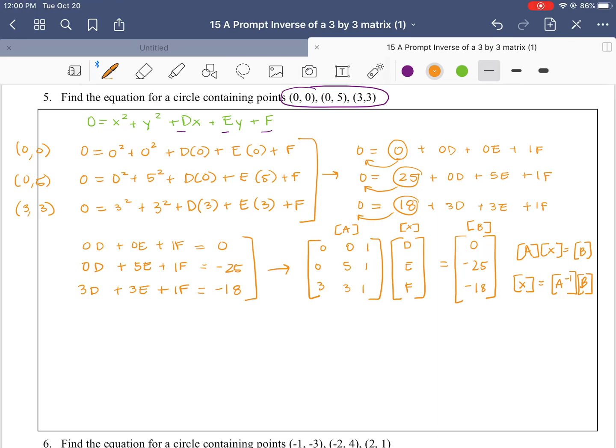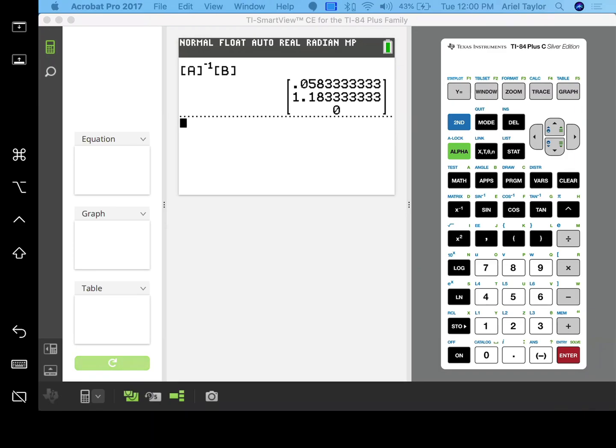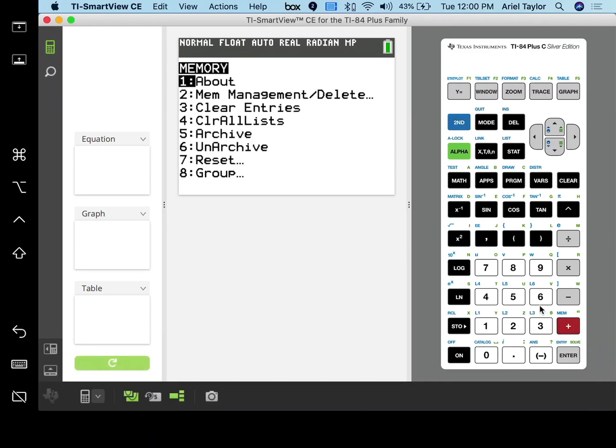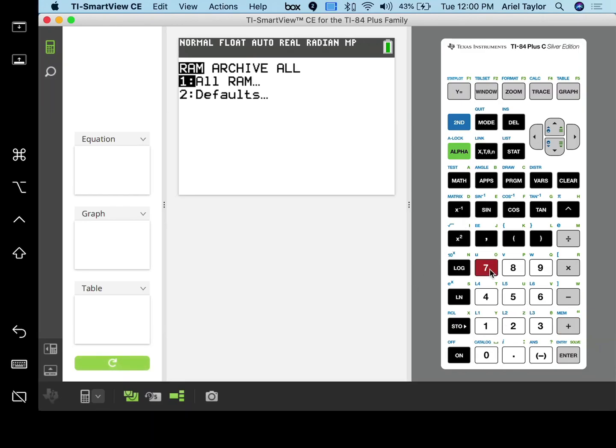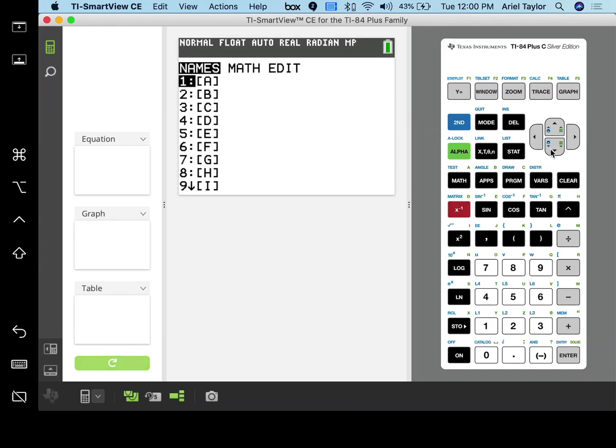And so let's use a calculator for that. So I'm going to go ahead and clear out my calculator. Second plus, sorry, I'm using the left hand and that is not good for me. Second plus 712. All right. Now we're going to go into our matrix and we're going to edit.